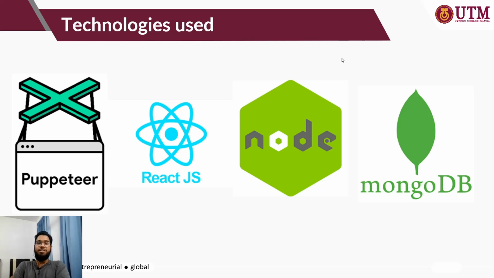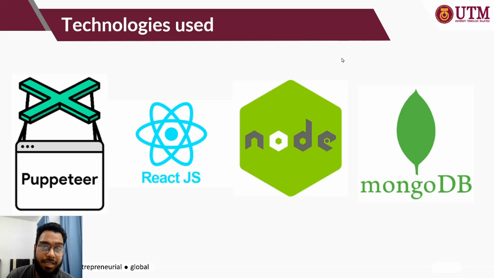One of the main technologies I had to use was Puppeteer. Puppeteer is a JavaScript library which is basically used for scraping. As my application solely relied on data from scraping, I had to use Puppeteer to get the data from the targeted websites.